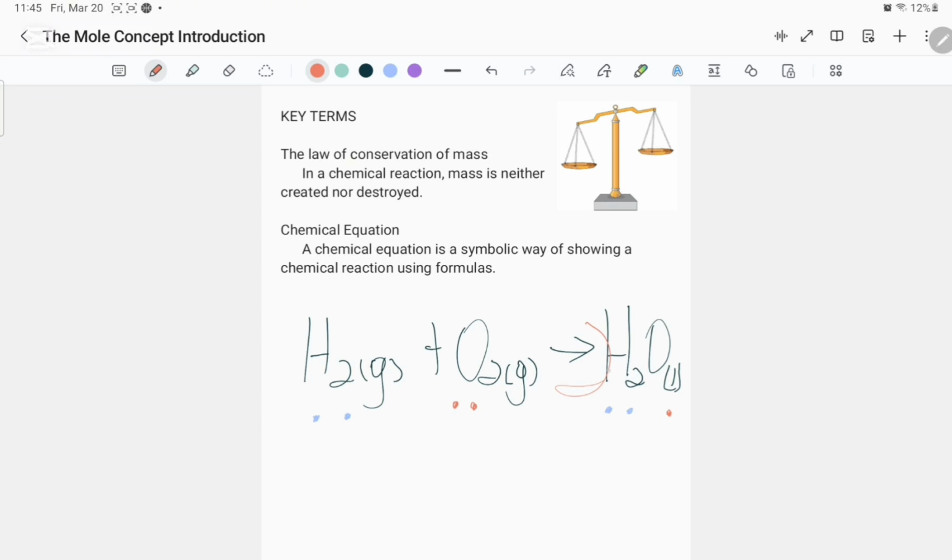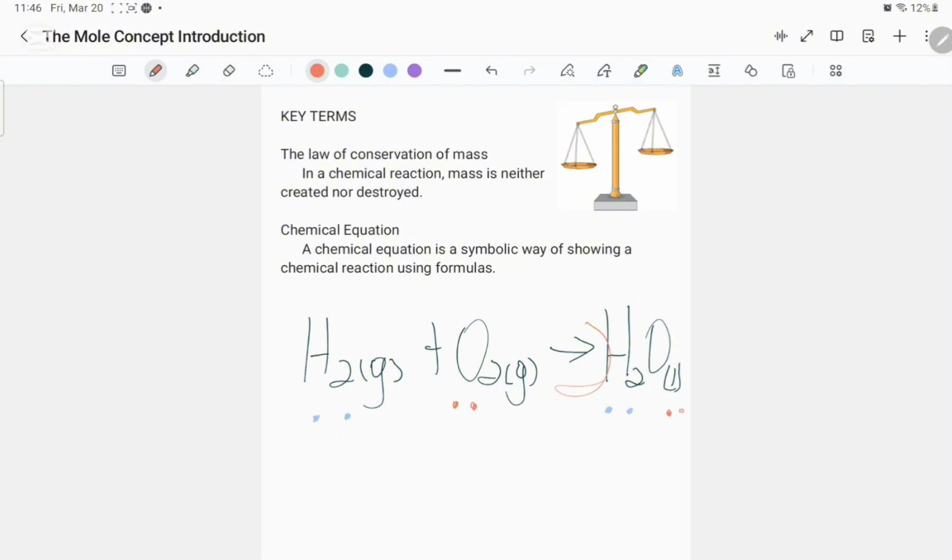A key thing to note is we don't add the coefficient and the subscript of the atom, but we multiply them. So we say 2 times 2 is 4 rather than 2 plus 2 is 4. This 2 is governing every single atom in this molecule. So we have 2 times 2, which is 4 hydrogen, and we'll have 2 oxygen.